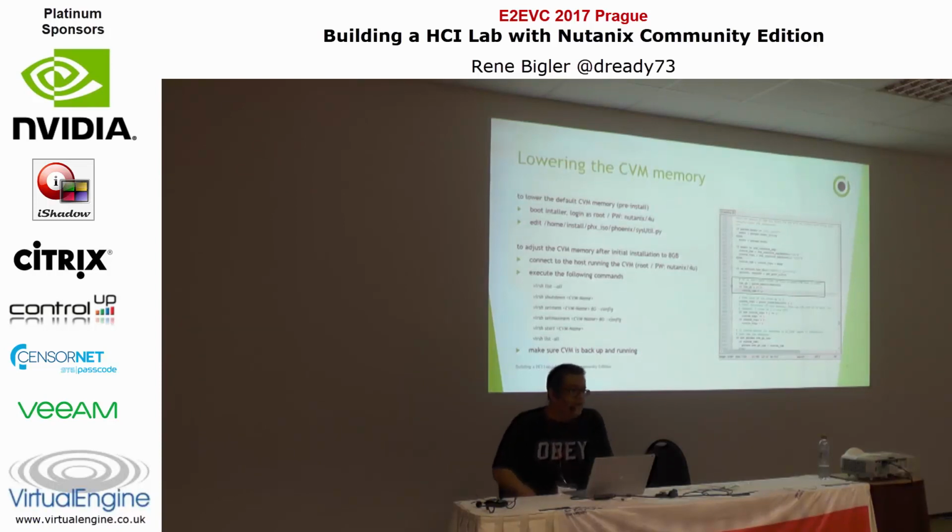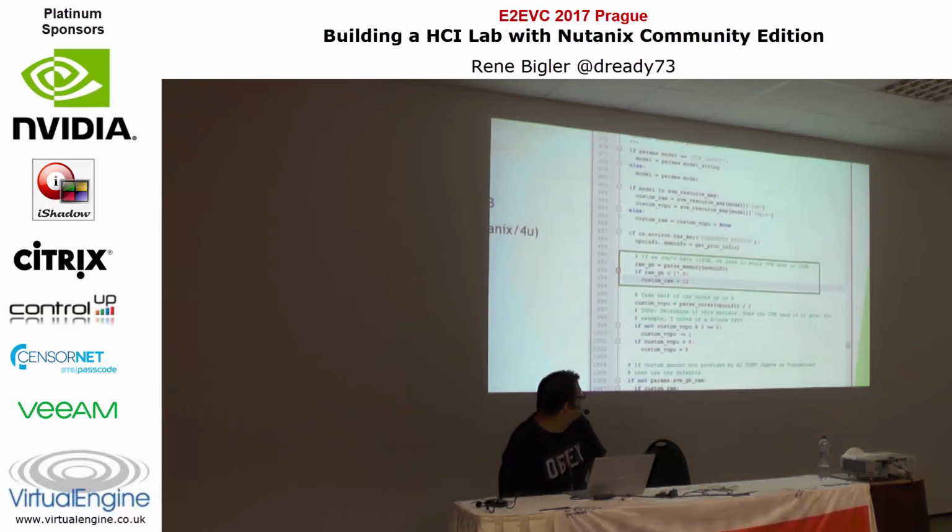But there is a way, and a couple of guys have done this and reported back, it runs with 8 gigabytes per controller VM. But without these special features, you have no chance to test compression and all this stuff. Also, this is done by tweaking the installer file.